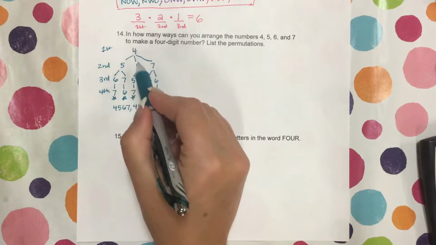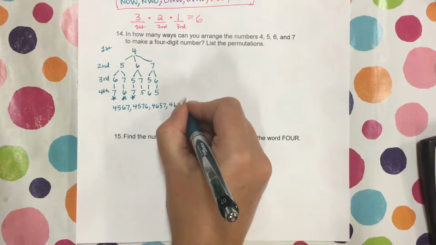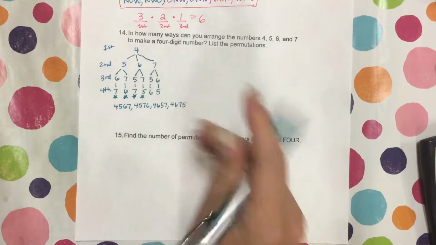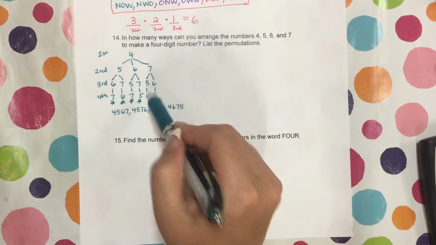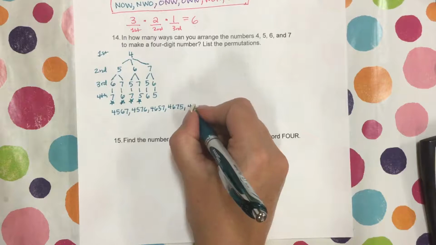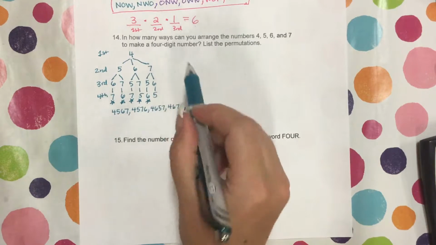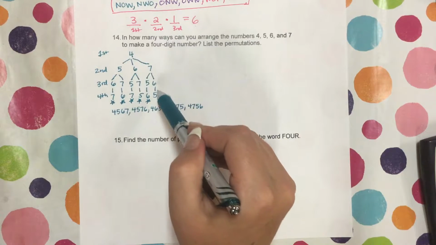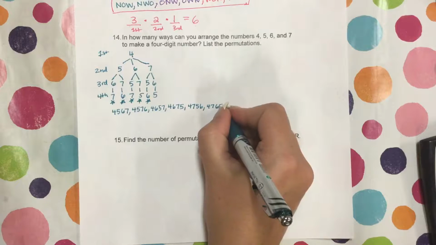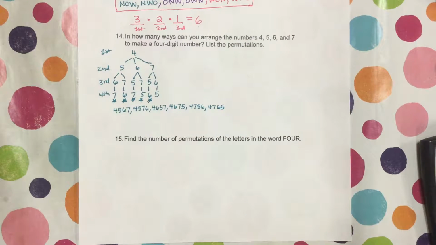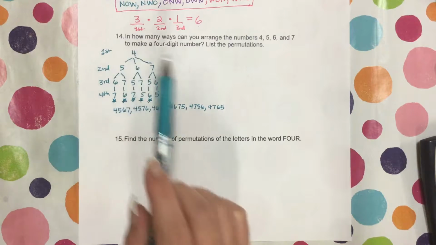And then 4, 6, 7, 5. And this option's done. And then we have 4, 7, 5, 6, and 4, 7, 6, 5. So those are all the options if 4 is first.